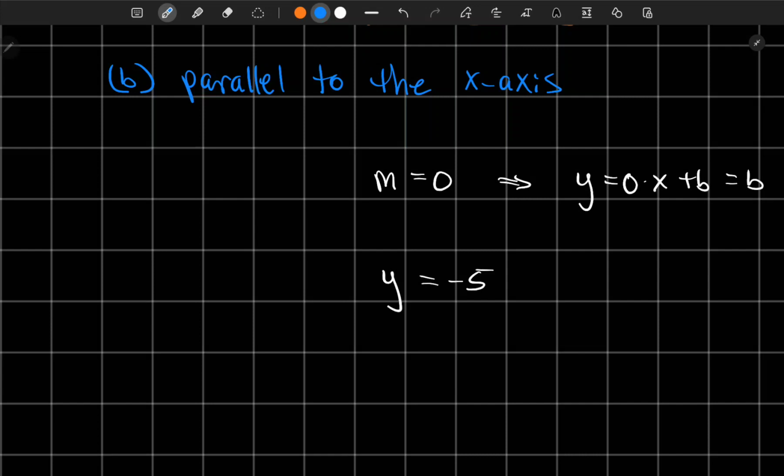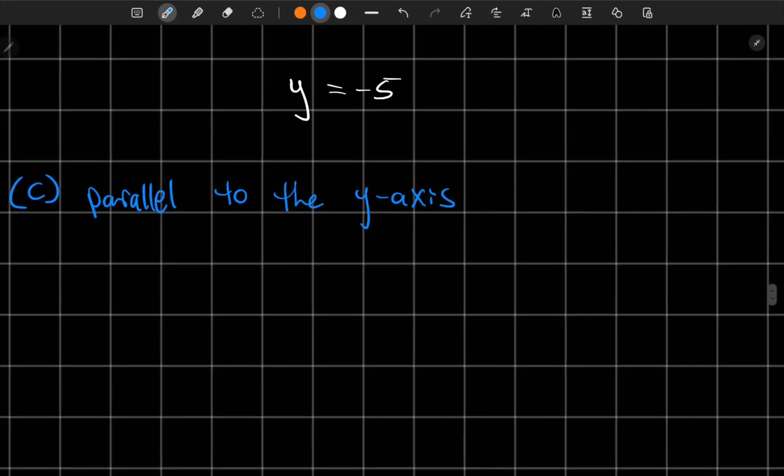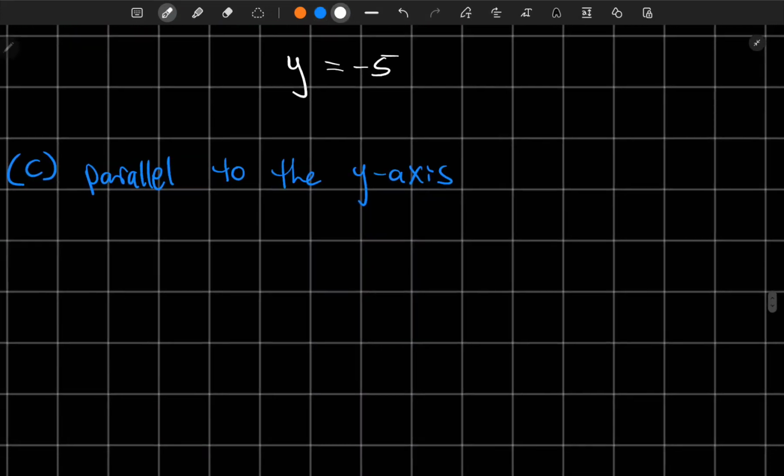Next, perhaps we want to find the equation for a line which is parallel to the y-axis and also passes through the point (2, -5). Well, if it's parallel to the y-axis, it goes straight up and down.